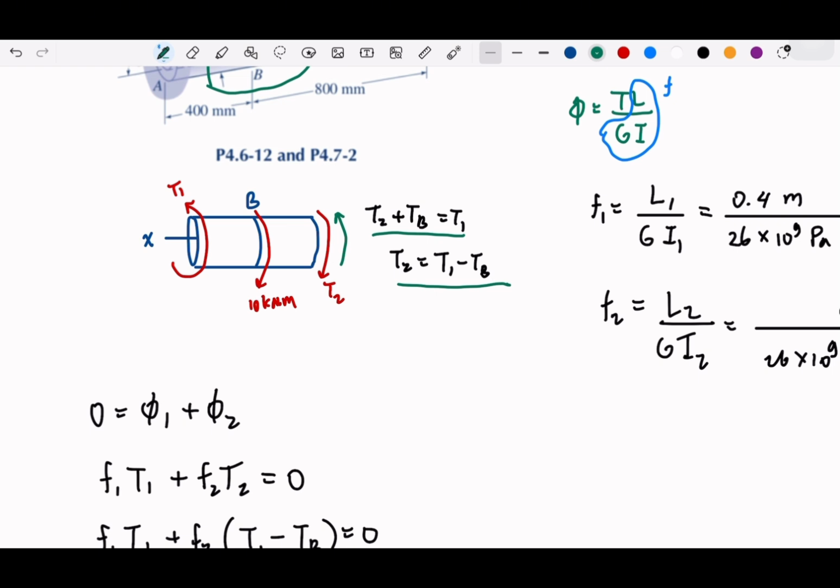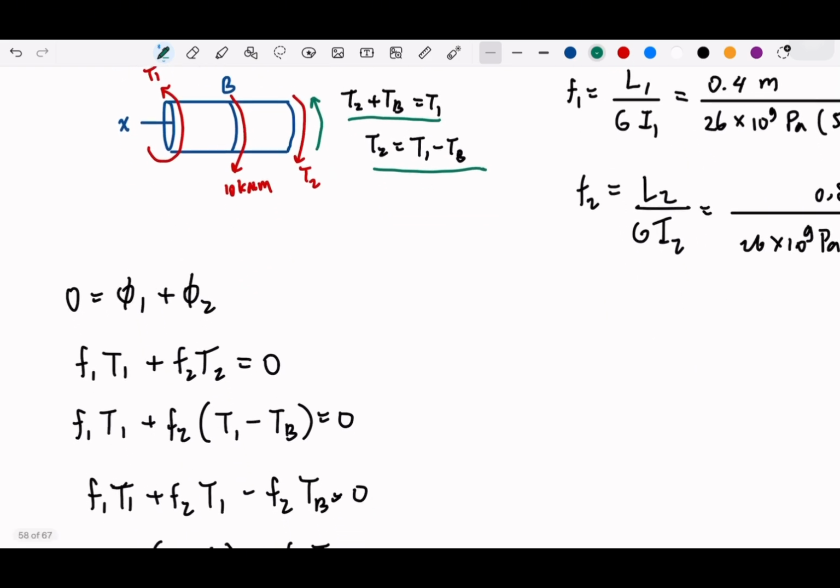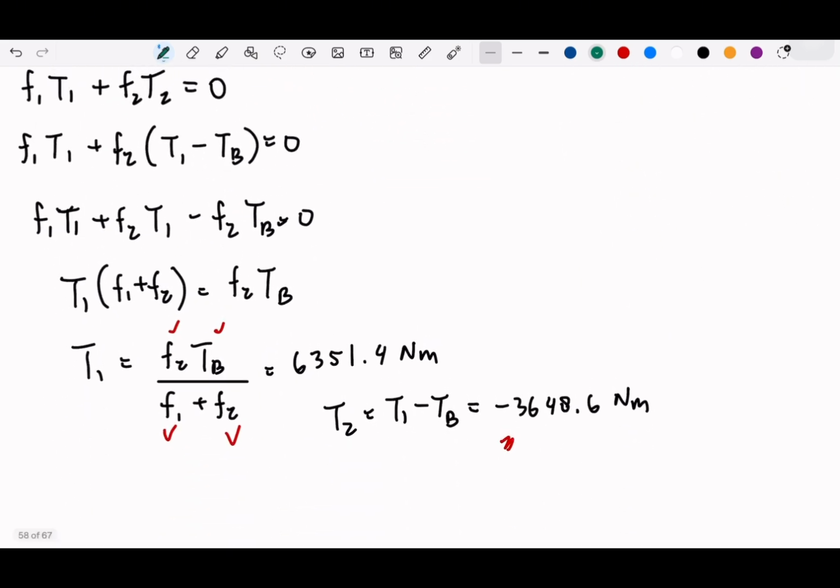It should be, but because we already make this assumption that the T2 is the same with the torque B at B, so we just keep as it is. But we know that from this negative sign, this will be the opposite. So we have T1, we have T2, and from this T1 and T2, we can compute the tau max.